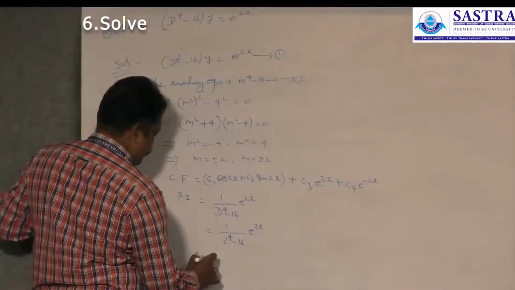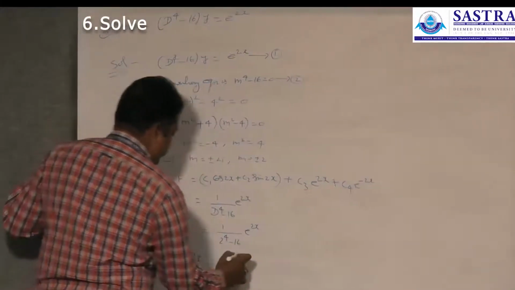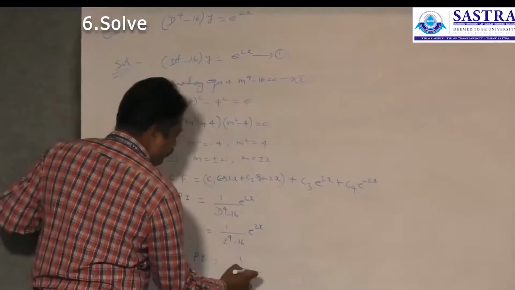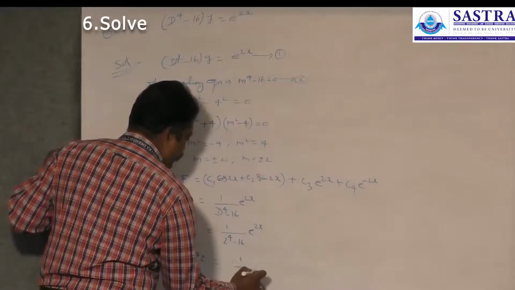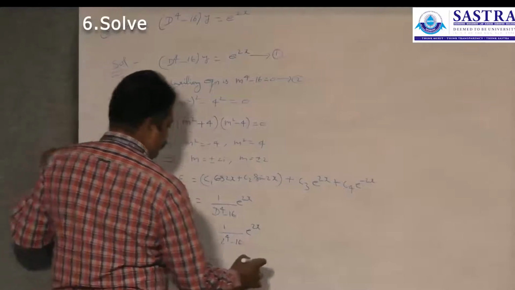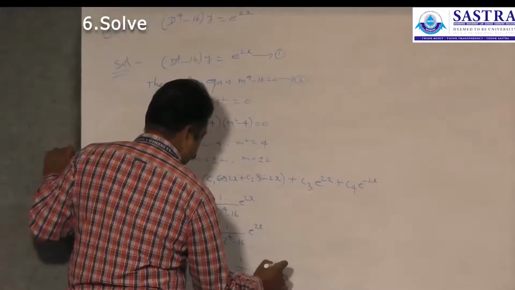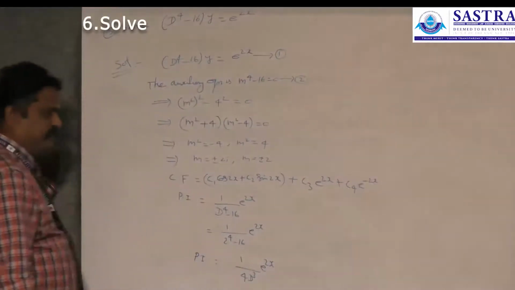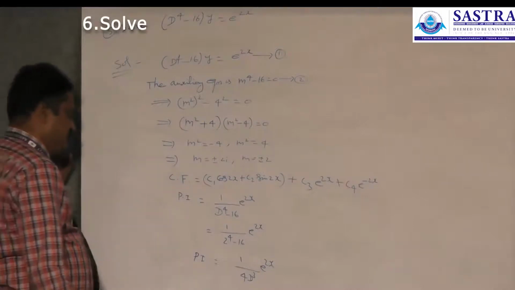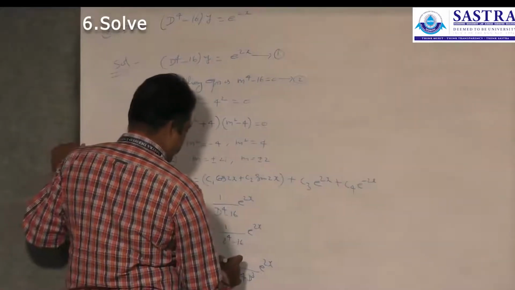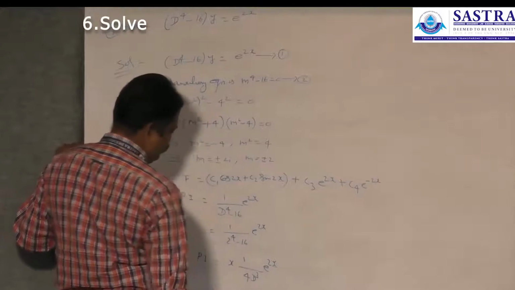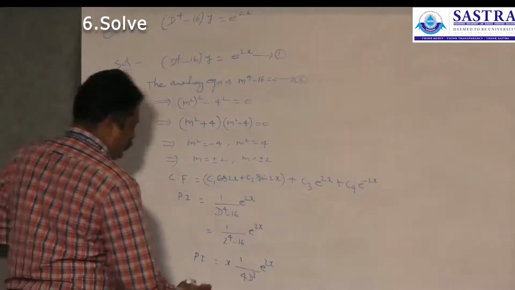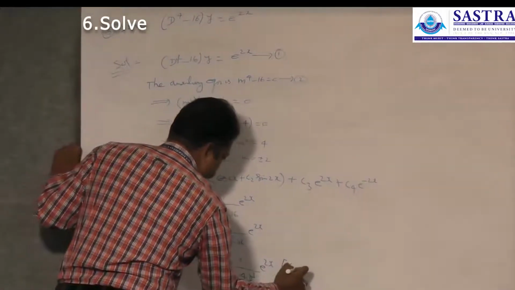So in case of failure, we have to differentiate the denominator with respect to D. We get 4D cube e power 2x, and we have to multiply x to the numerator simultaneously.